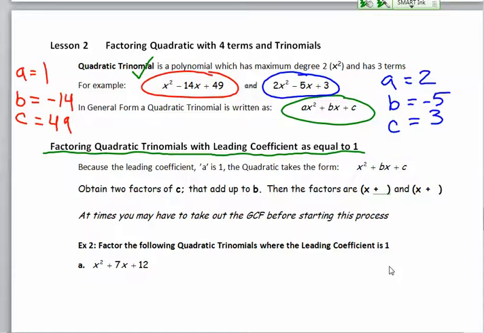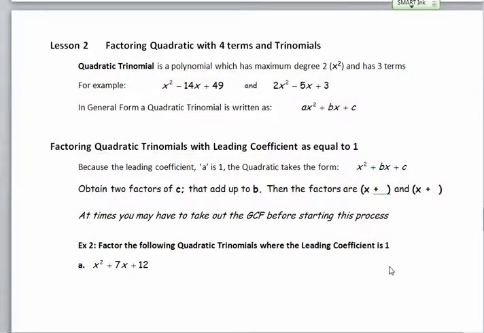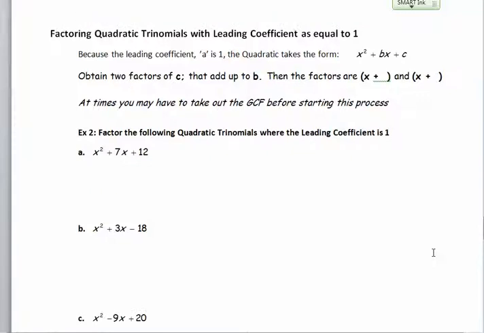The basic process here, let's look at this first one.